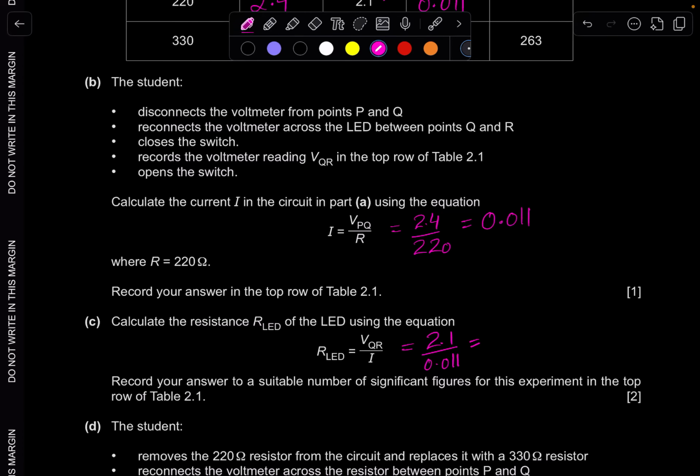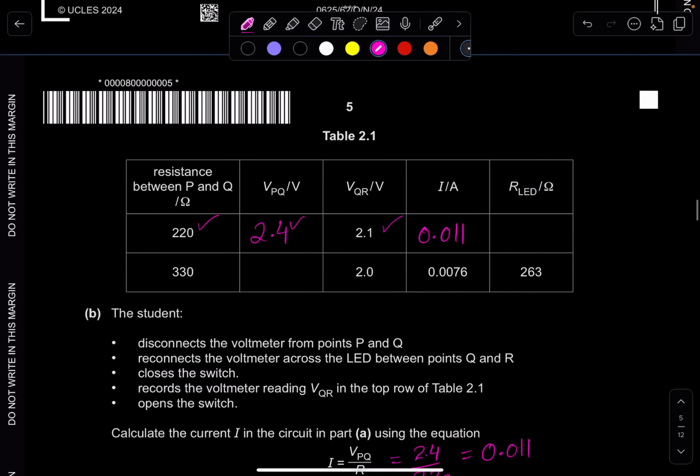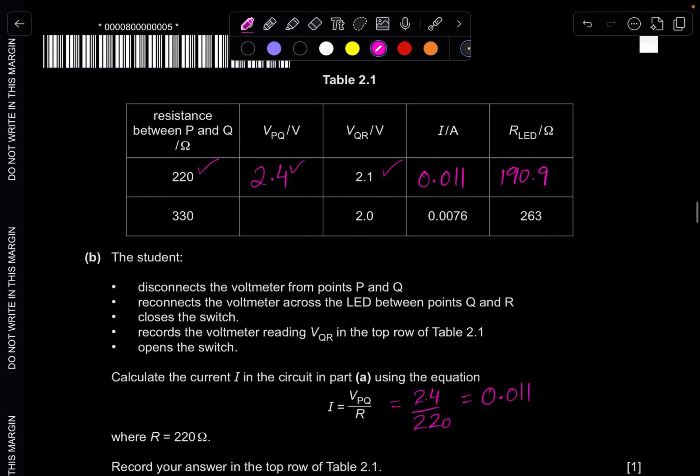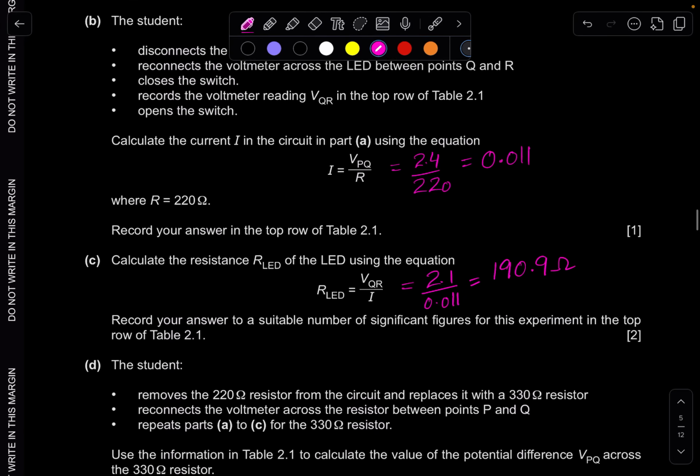That will give us 190.9 ohms. So we have to record it here, that will be 190.9. Okay, or you can write as 191. Okay, 191 if you round off.